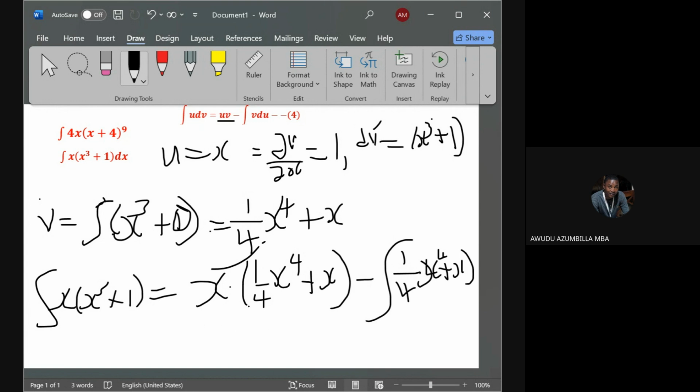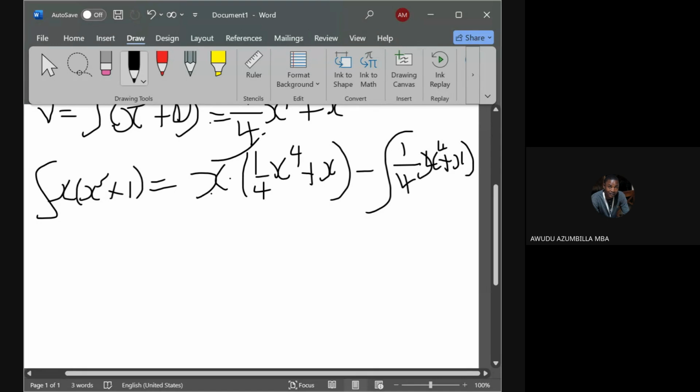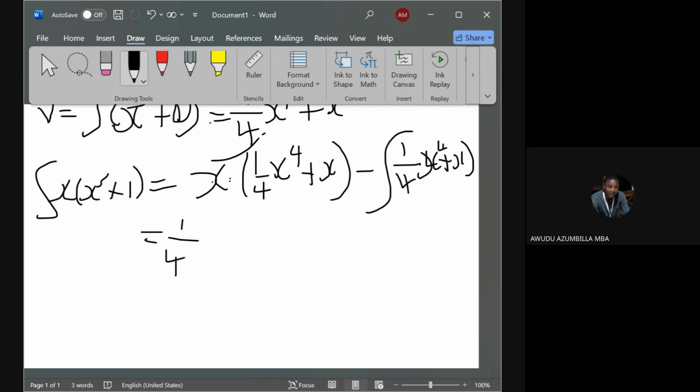Now let's simplify this one. You know that this is not any integral. We are just going to simplify it. So if we simplify this one, this one will multiply by this. We are going to get 1 over 4. But this one is also multiplying by this. x times x to the power 4 is going to give us x raised to the power 5.